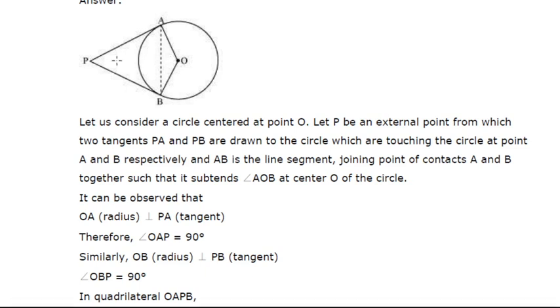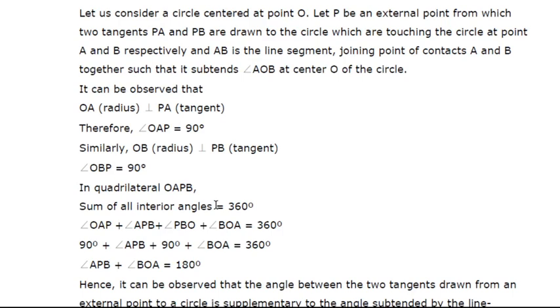Now this angle and this angle must sum to 180 because this is a quadrilateral. So you can say APB plus AOB equals 180 degrees. If you want to find APB, then you say 180 minus this. If the sum of any two angles is 180, then you simply say these angles are supplementary angles.